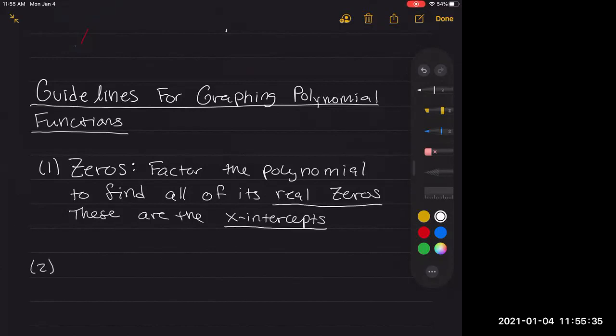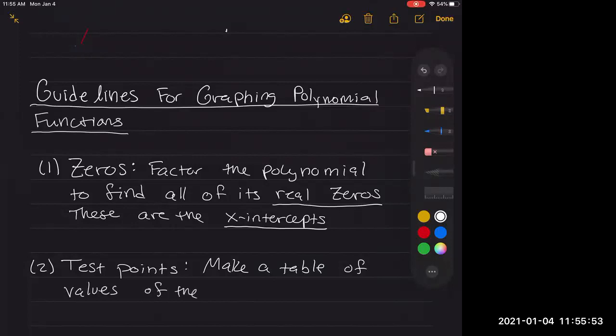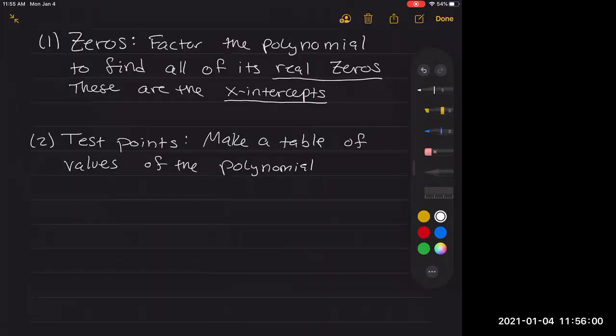And then 2. We're going to do some test points. So we want to make a table. All right, so once we make a table of these values, we're going to choose points outside and between our zeros.